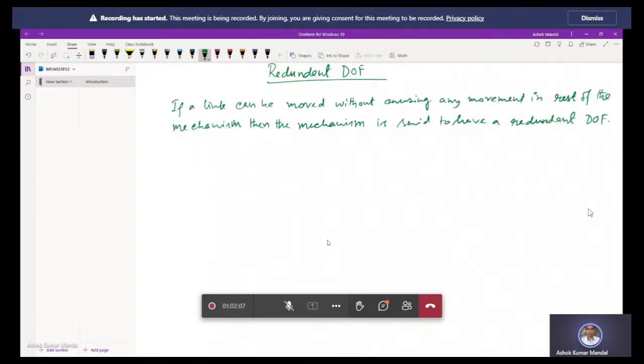Now we take one example, and the example is like this. Suppose we have a link like this, and that link is connected with the other links like this.